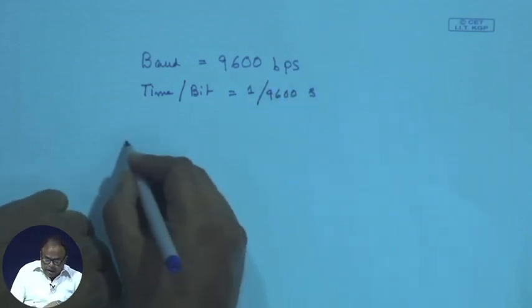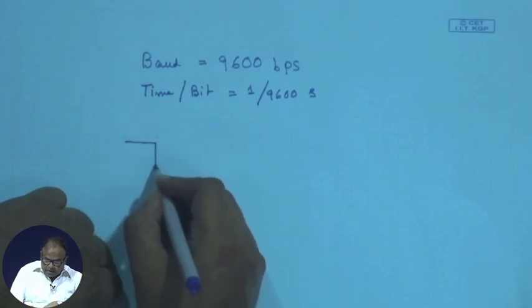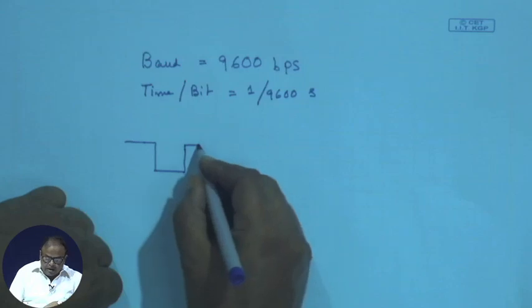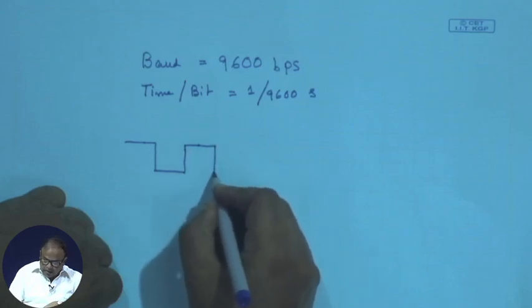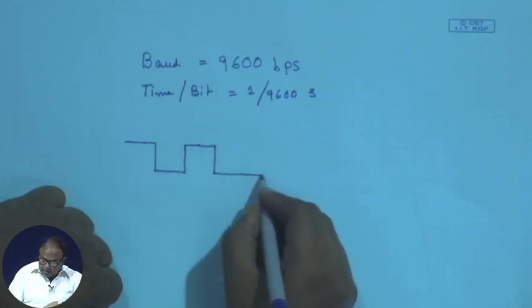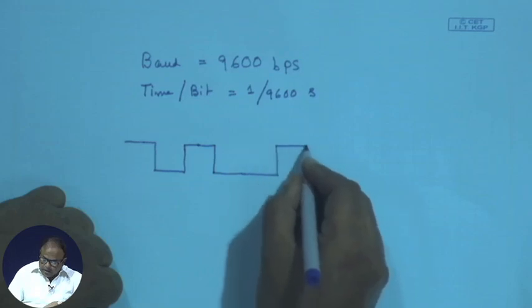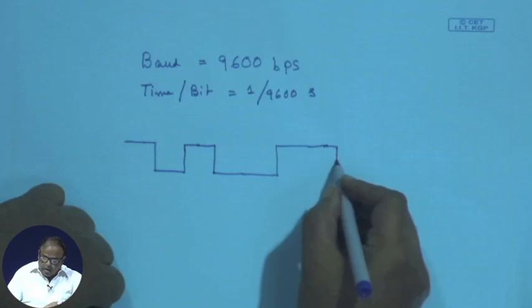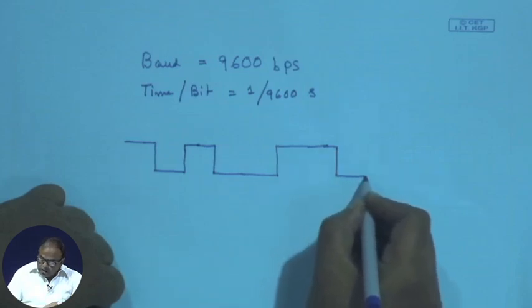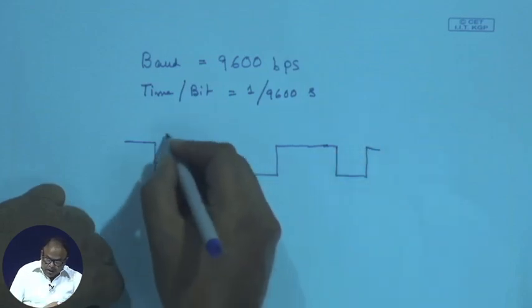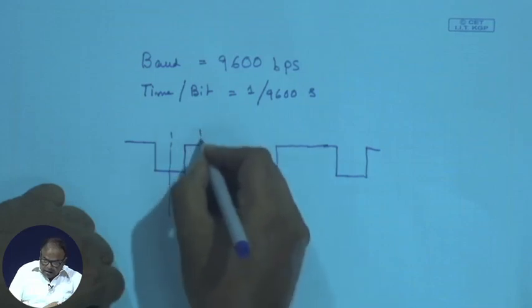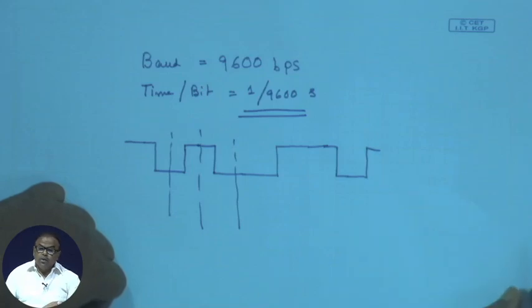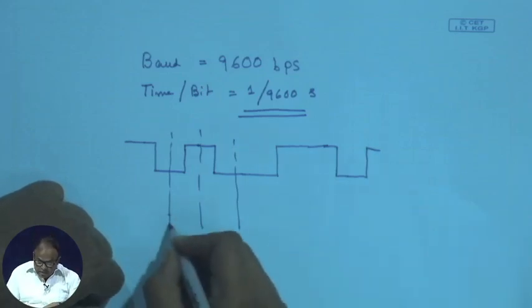So, whenever I am having a signal pattern like this, whatever, I am actually sampling at these points at 1 by 9600 seconds.